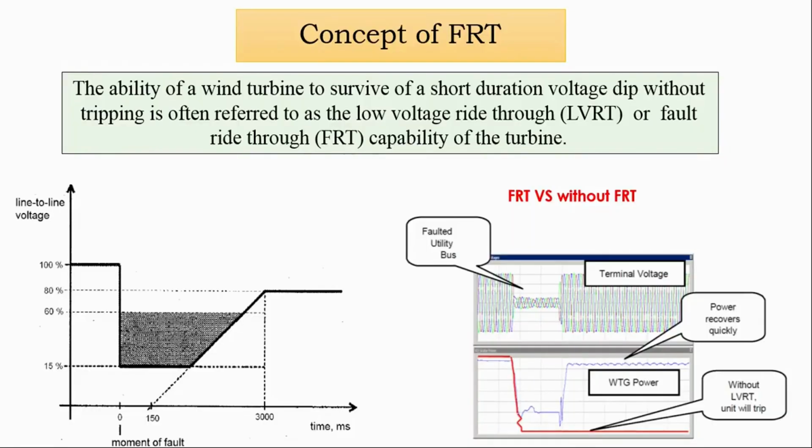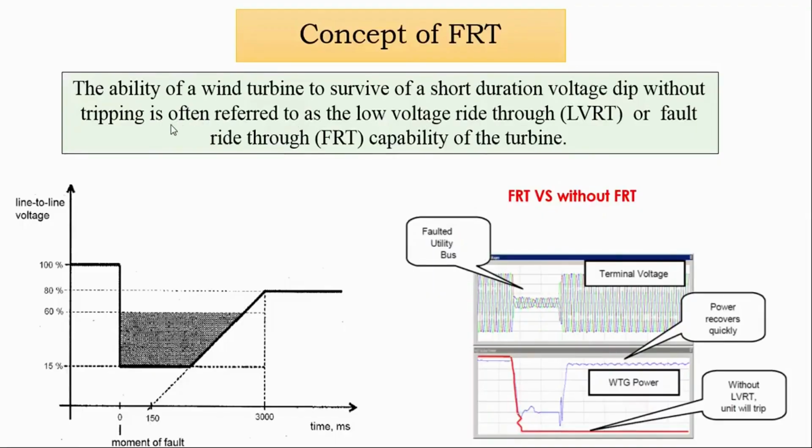Now this is a very important concept known as FRT, or fault ride through. By definition, it is the ability of the wind turbine to survive a short duration voltage dip without tripping.